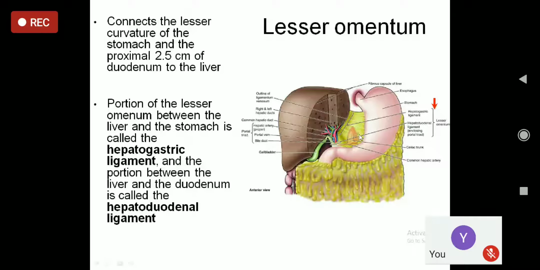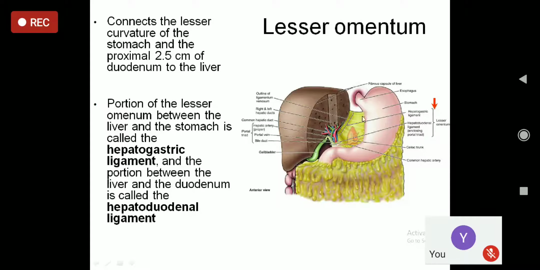The portion of the lesser omentum between the liver and the stomach is called the hepatogastric ligament. It is attached to the stomach and the liver, that is why it is known as the hepatogastric ligament. The portion between the liver and the duodenum, the lower one, is known as the hepatoduodenal ligament.